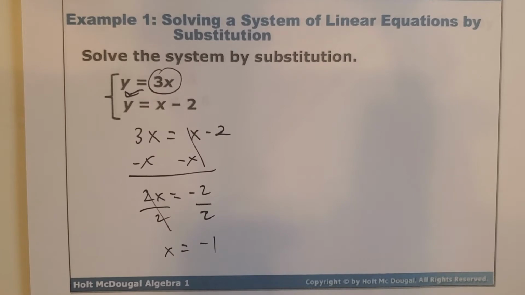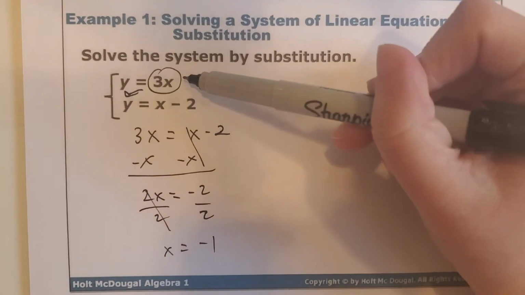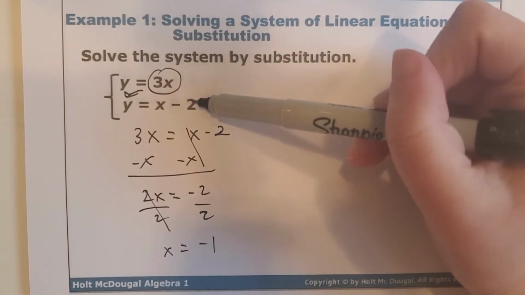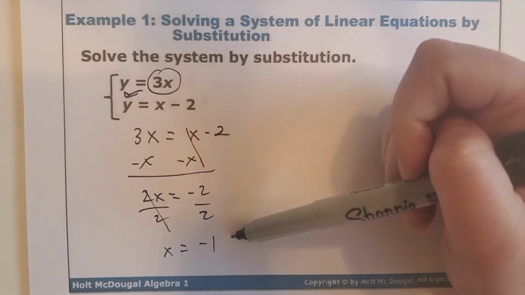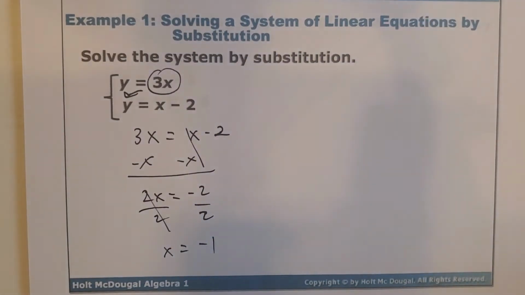Now the thing is, because you're getting two values to make an ordered pair, once you get a value for x, you're not done. You have to figure out what y is as well. So you can take this -1 and plug it into, I would go back into the original equations, either one. It doesn't matter. Whichever of these equations you pick to plug -1 into, you should get the exact same thing regardless if you did this right.